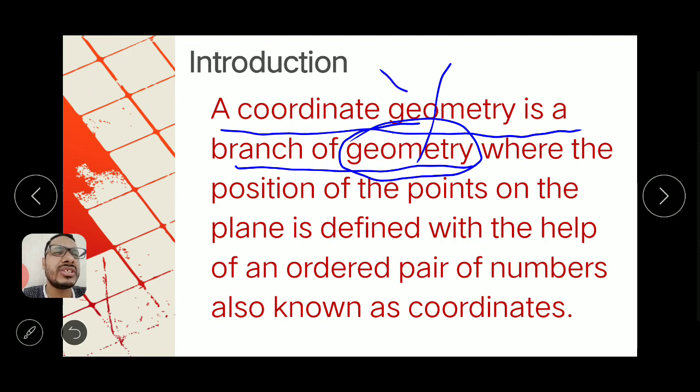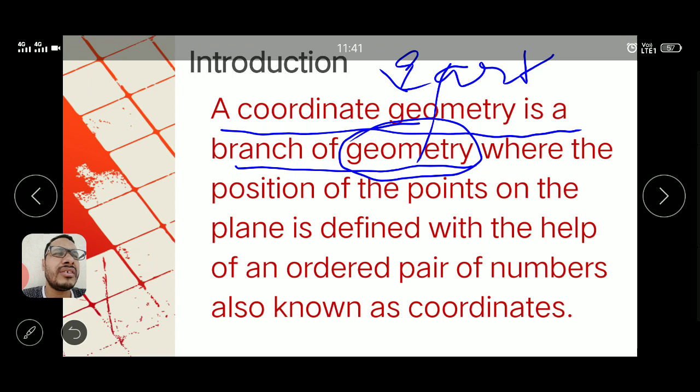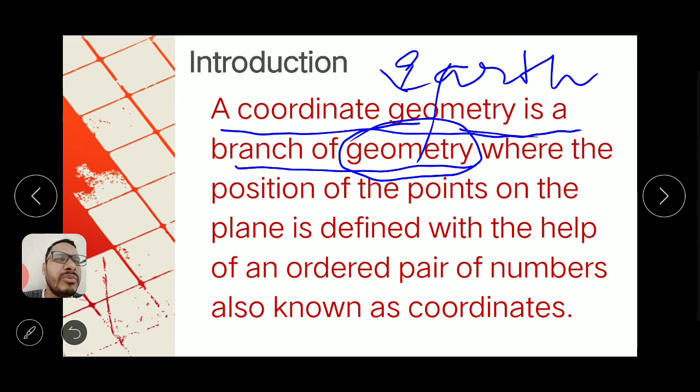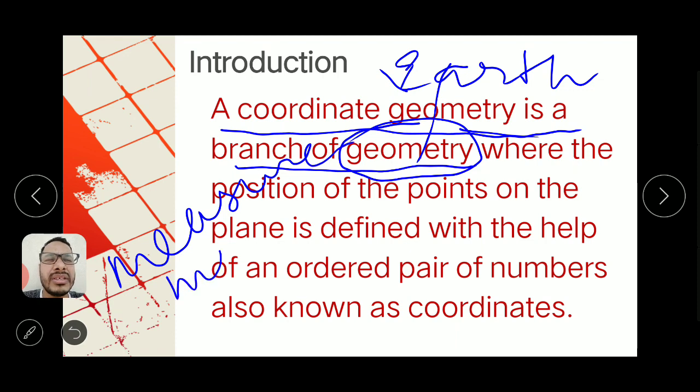So geo means earth and metry means measurement. It's from metron, which means measurement. So this is the actual meaning of geometry.